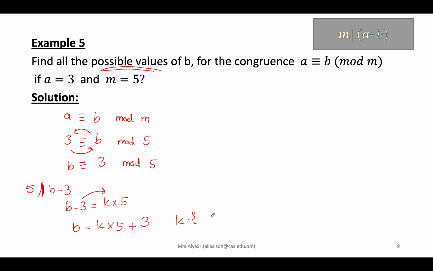It can be minus, plus, or 0, because B minus 3 is a multiple of 5.